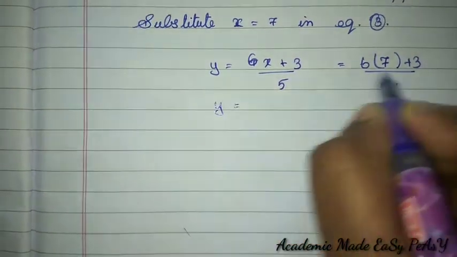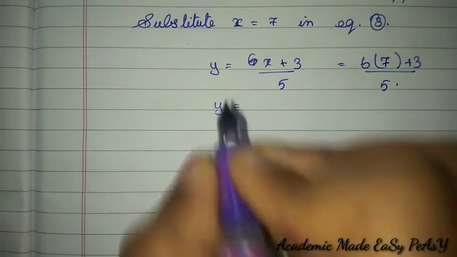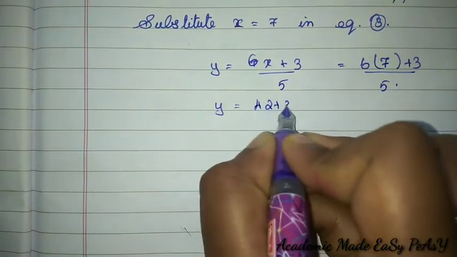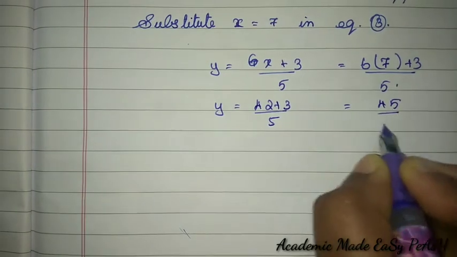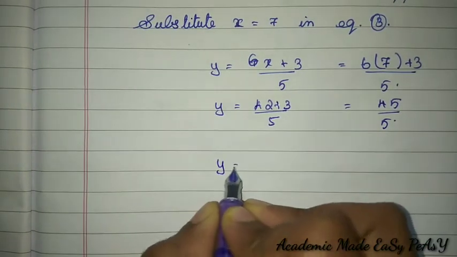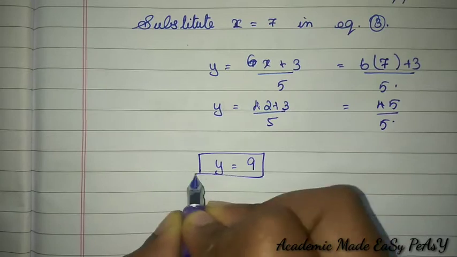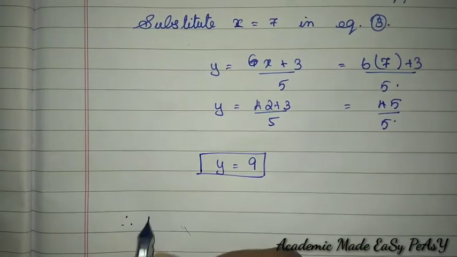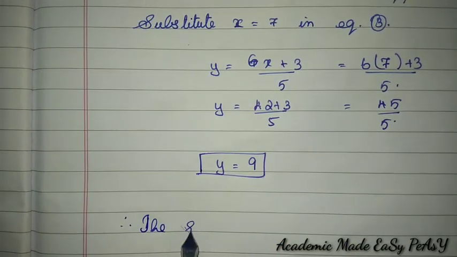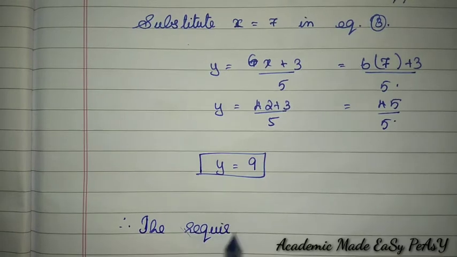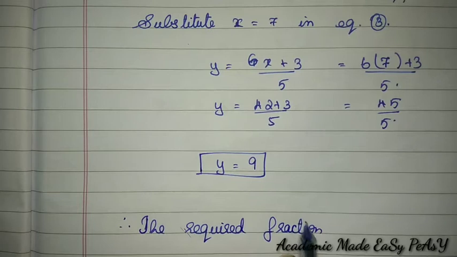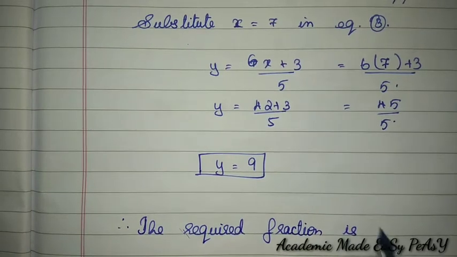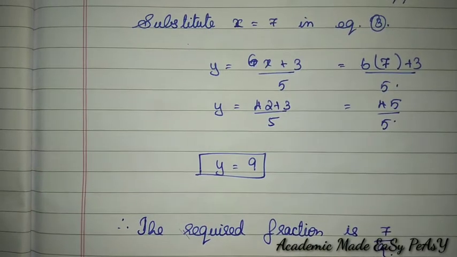So y is equal to 6 7s are 42, plus 3, divided by 5, which is 45 divided by 5. So y is equal to 9. So therefore the required fraction is 7 by 9. That's it.